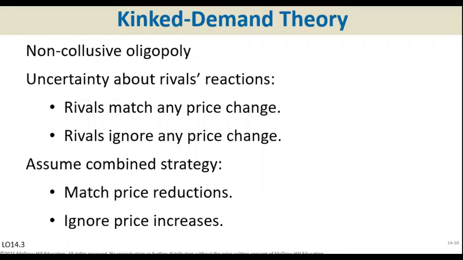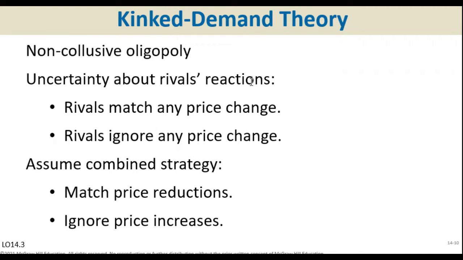The first one is the kinky demand theory. The kinky demand model is used for non-collusive oligopoly to explain their behavior and pricing strategy. Since the firms do not collude, none of them know for sure what the rivals are doing.